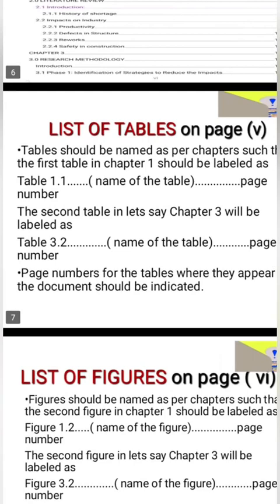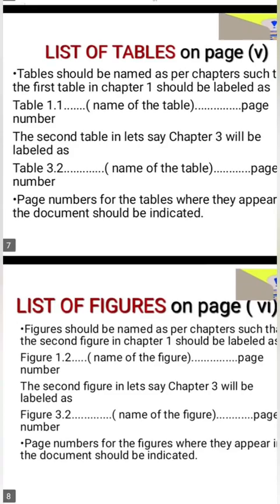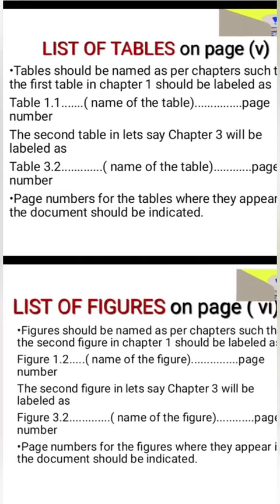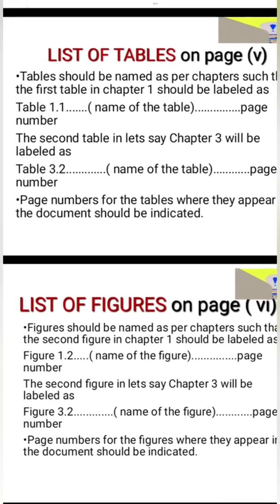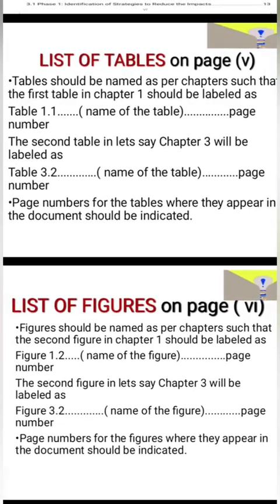It can be labeled as 3.2. 3 means chapter 3, and 2 means that's the number of the table, then the name of the table and also the page number. We normally say that the page numbers where the tables appear in the document should always be indicated as you are listing them.